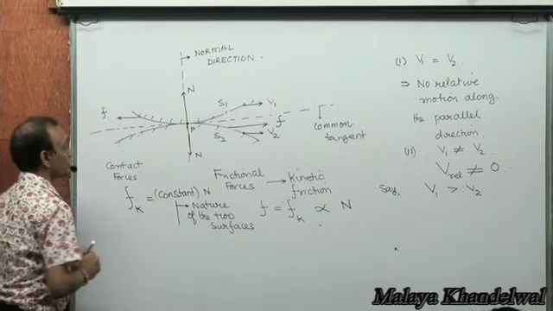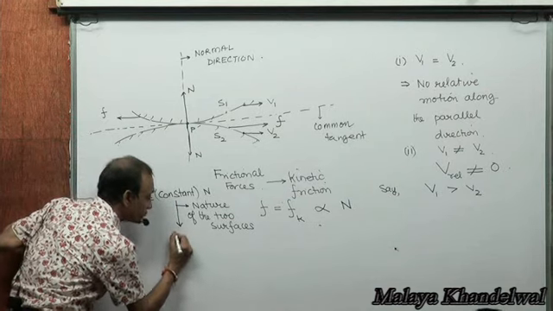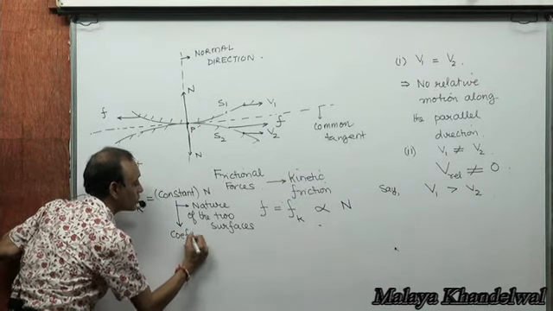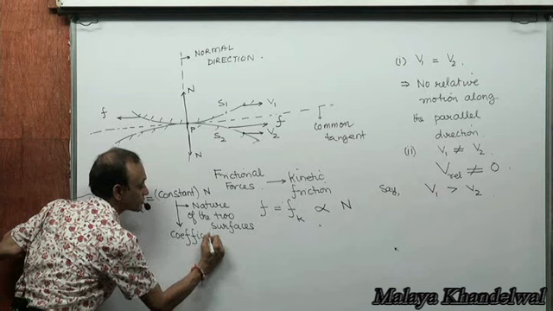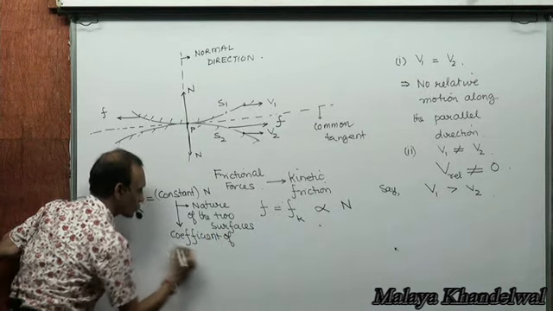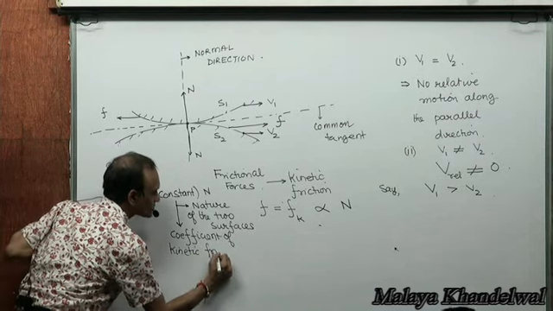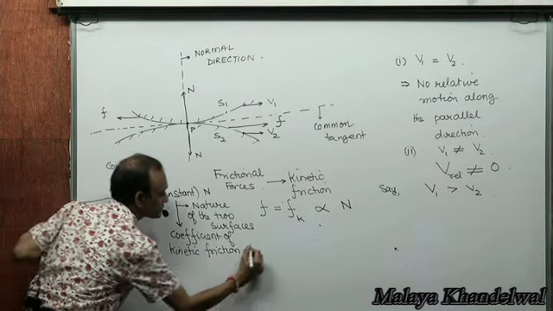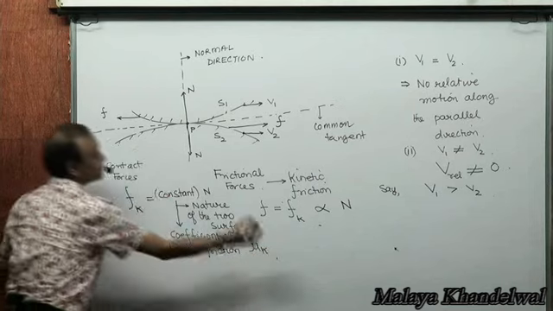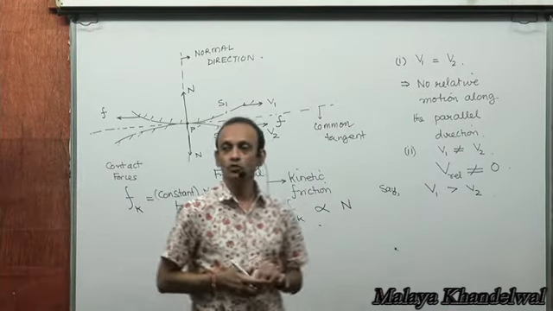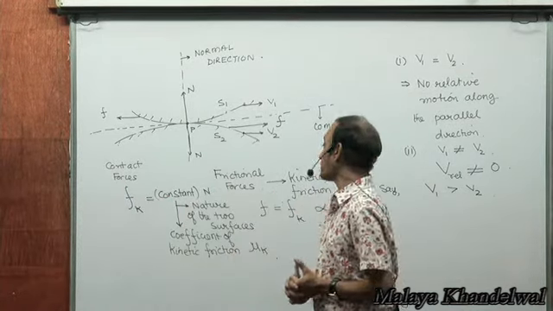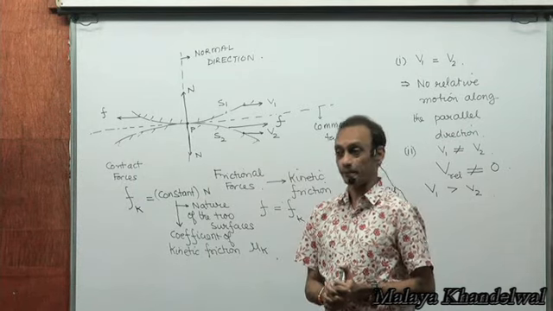This constant is called the coefficient of kinetic friction, commonly designated as mu k.